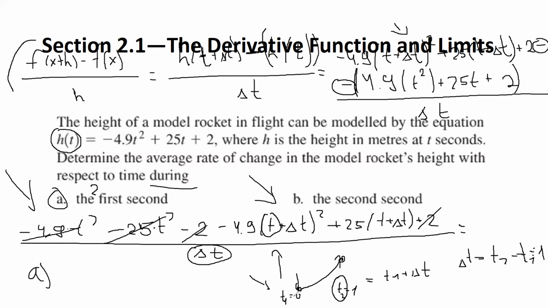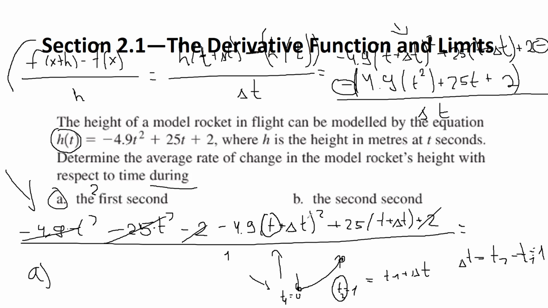So now you substitute t1 equals 0 here, 0 plus 1 squared equals 1, right? Do you understand? Yeah, I understand. Great. So this one is just going to be minus 4.9 and so on. Then you simplify it. Delta t is going to be substituted for how much? Delta t is 1. Great.